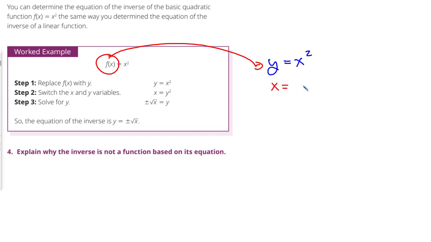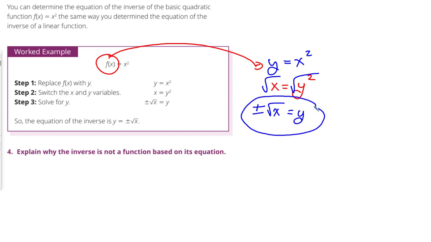So the x is going to replace y, and the y is going to replace x. And that gives you your step 2. And then you solve for y. So that means we need to take the square root of both sides. And when we take the square root, remember we always have to do the plus or minus. And so that's a new equation.